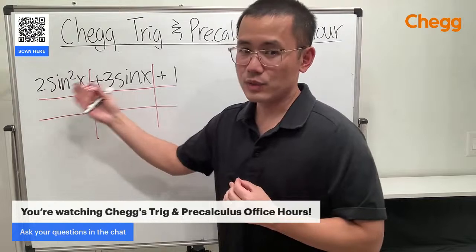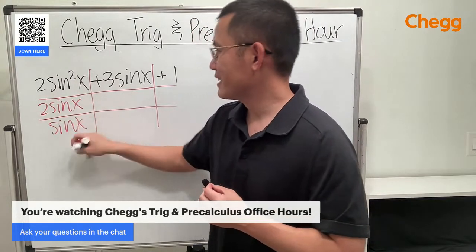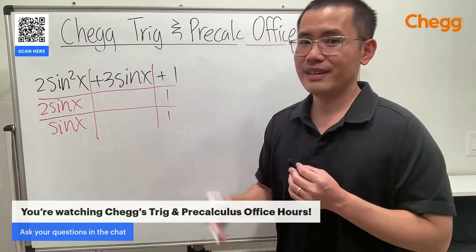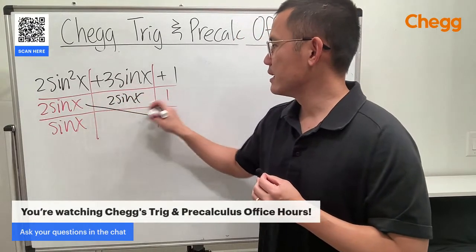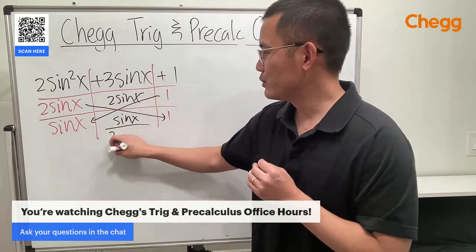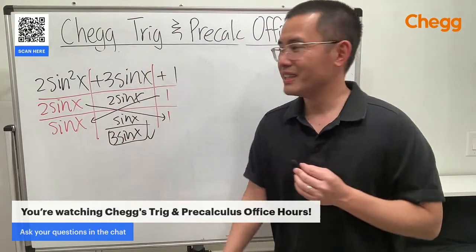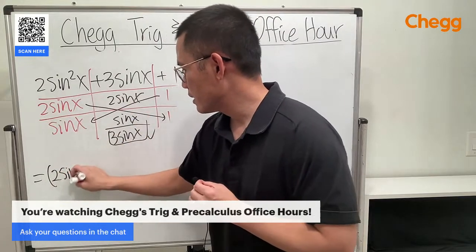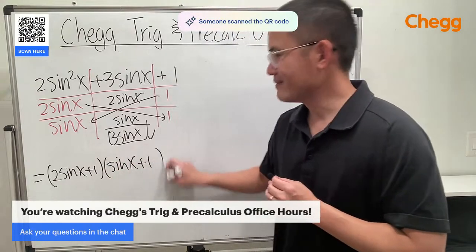To get 2 sine squared, I need 2 sine x times sine x. To get 1, just 1 times 1. Now have a look. This times this is 2 sine x. This times this is 1 more sine x. Together, we do get 3 sine x. That's exactly what we want. So the factoring is 2 sine x plus 1, and then the other one is sine x plus 1. Just like that.